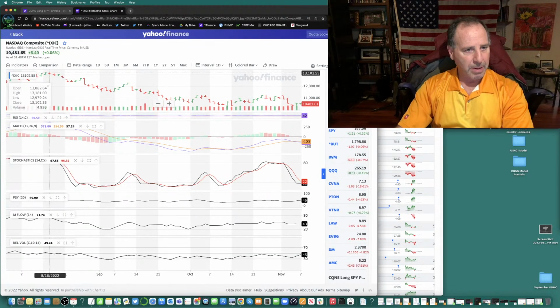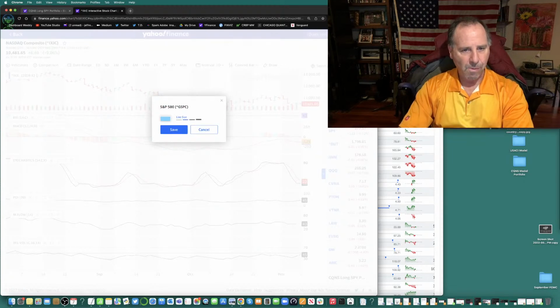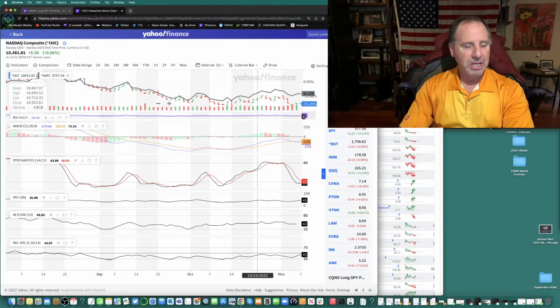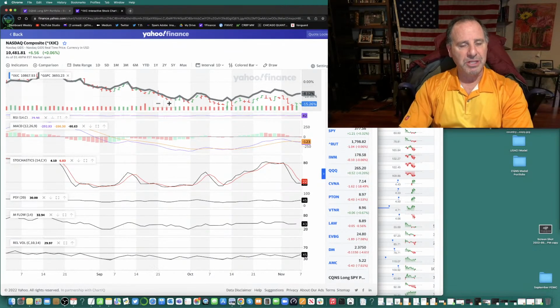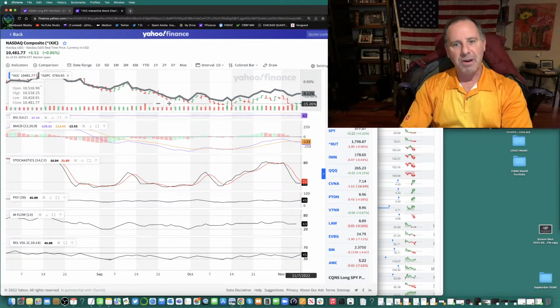So here's the Nasdaq composite. Comparison. S&P 500. Make it gray. I like gray. Now you see, for most of the time this past year, those numbers were in lockstep. But right there at about October, they started to diverge. And in fact, I know now that the variances of those two exchanges, those two indices, have diverged.